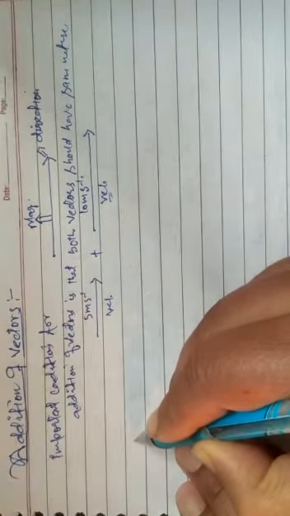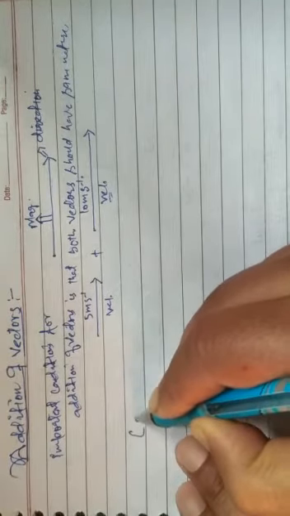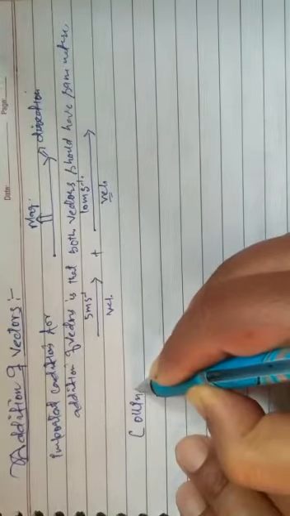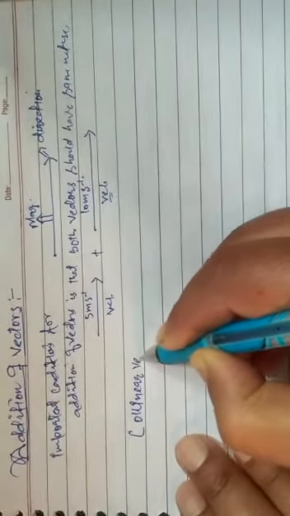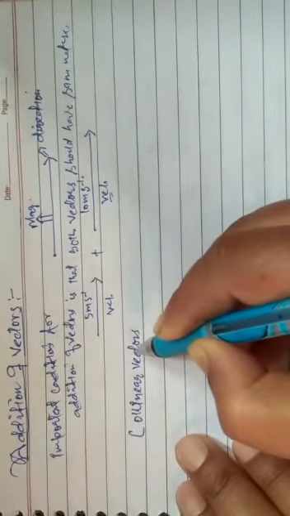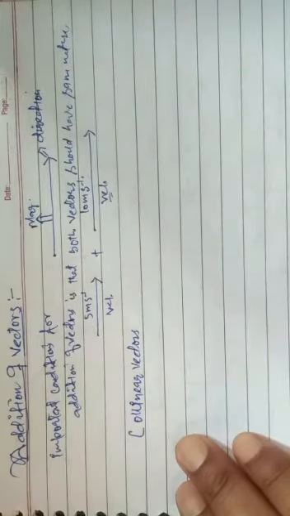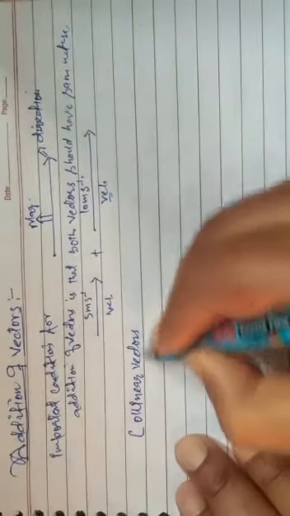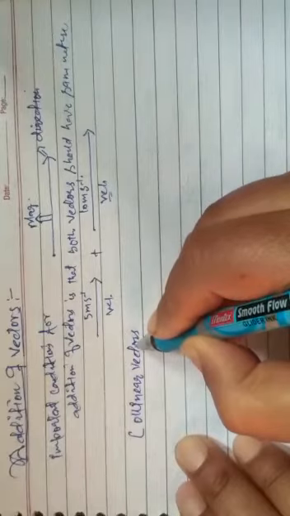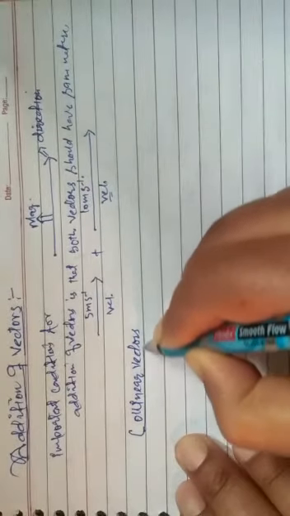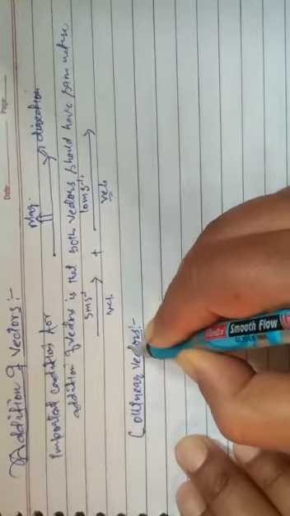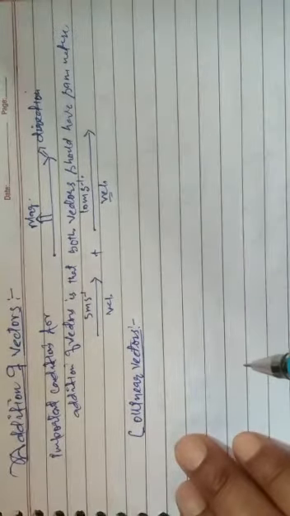So first we have to add collinear vectors. What are collinear vectors? You might be aware of collinear vectors. So you will have knowledge regarding collinear vectors.